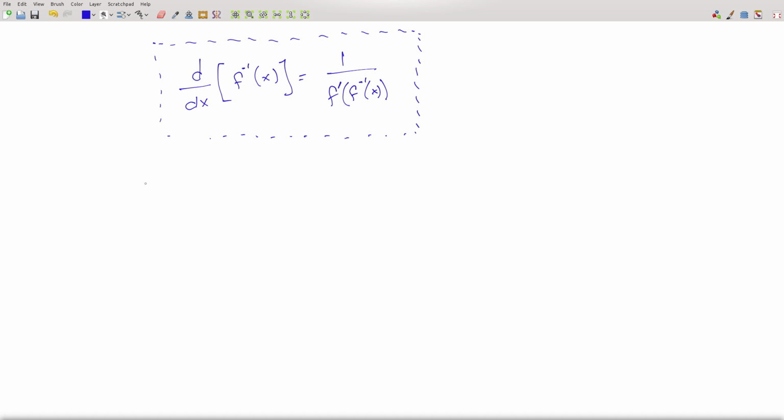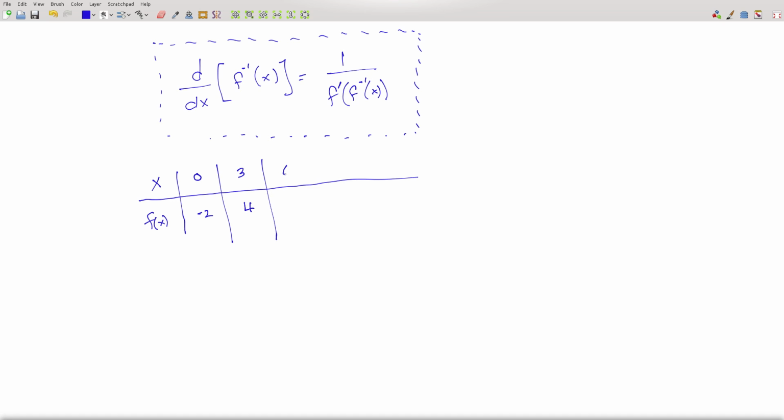In this example, I'm actually going to give you a table. Here is the table. We have a table of values, one row of x values and a row of f of x values. When x is 0, f of x is -2. When x is 3, f of x is 4.